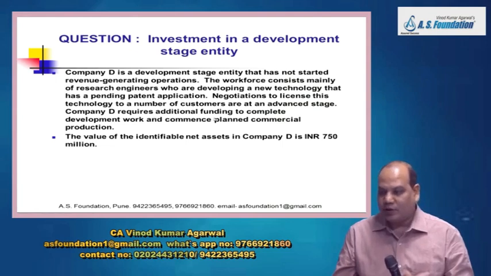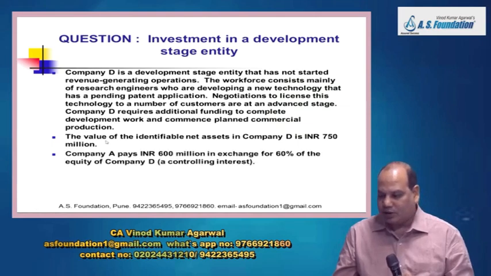Company D requires additional funding to complete development work and commence planned commercial production. The value of the identifiable net asset is 750 million rupee. Company A pays INR 60 million in exchange for 60% of the equity of Company D, that is a controlling interest.